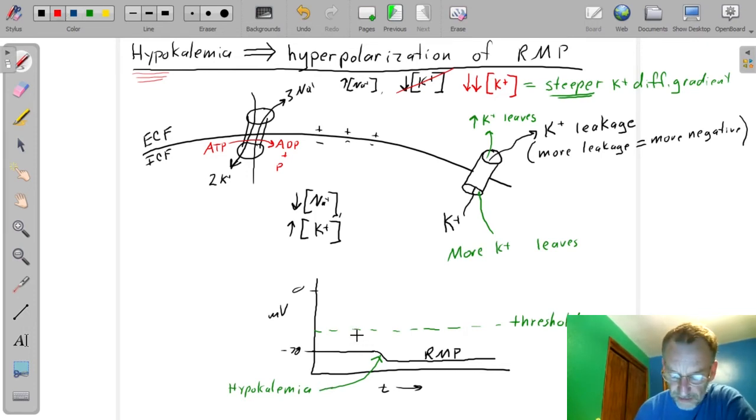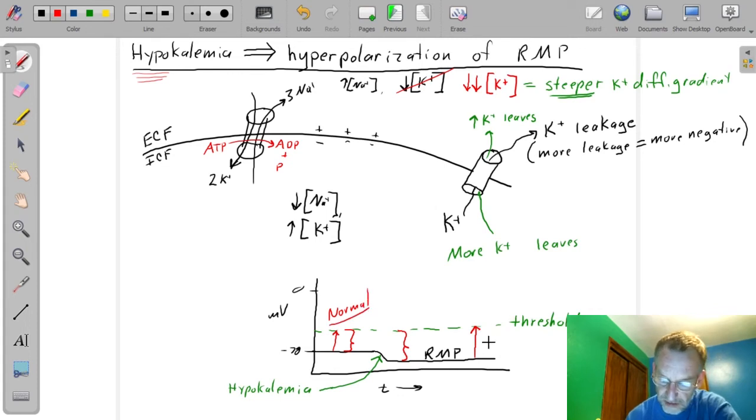And if this is where we were originally, and now we're at this point, it's pretty clear that it's going to take a larger stimulus to reach threshold than it did before. This was normal, and this is with hypokalemia.